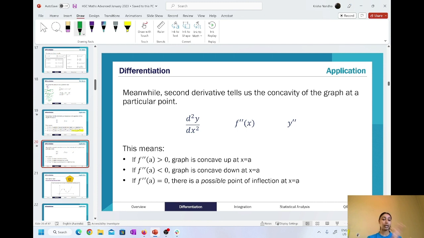So if f double dash a is positive, then it's concave up like a cup. And if it's negative, then it's concave down like a frown. And if it is 0, then it is a possible point of inflection. And I would like to highlight possible. Whenever we have something like that, we need to test before and after to actually show that it is a point of inflection, because sometimes it might not be.